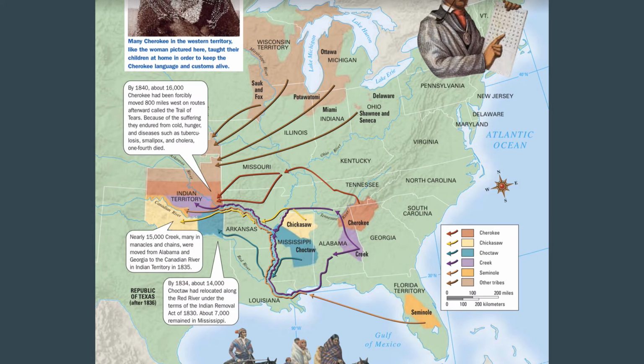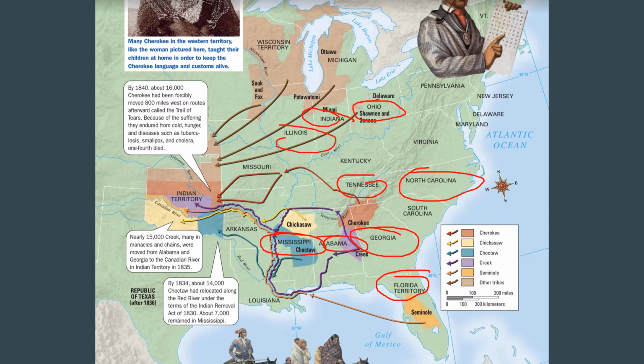So what we're going to see on this map is quite a few different nations that are forcibly removed from the Florida territory, from parts of Georgia and North Carolina, Tennessee, Alabama, Mississippi, and then even in the Northwest territories like Ohio, Indiana, Illinois, and then what would become Michigan and Wisconsin.